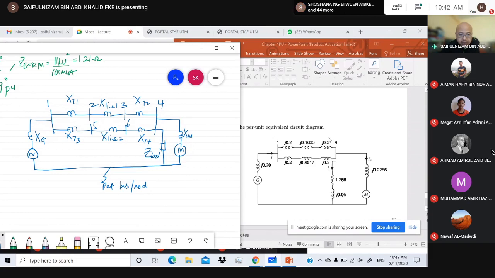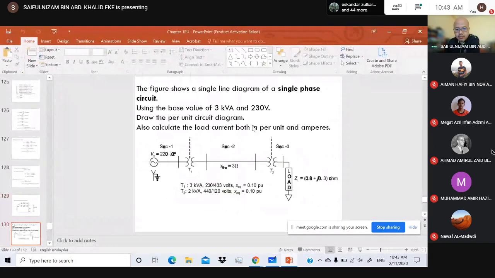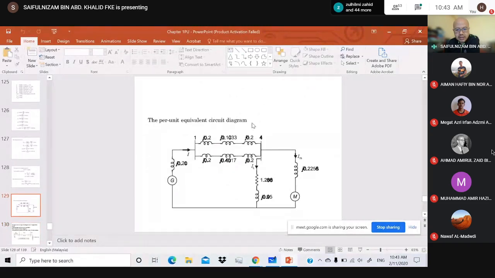So the main concept here is to change from the old per unit value to the new per unit value. The rest, use your previous knowledge in analyzing the circuit based on the parameters given. Any questions so far regarding this example?